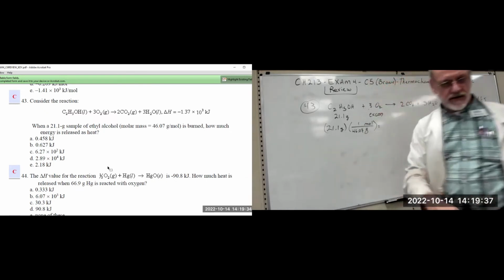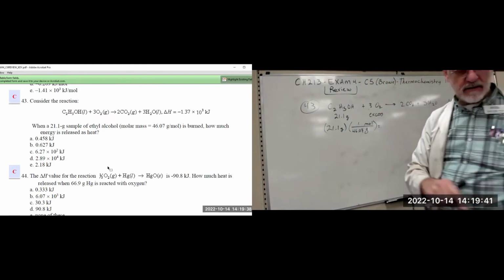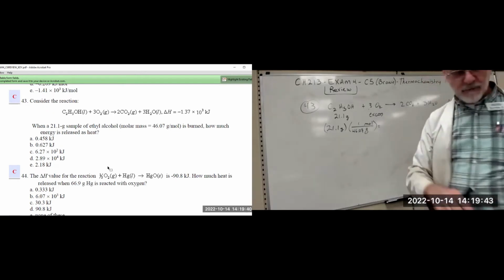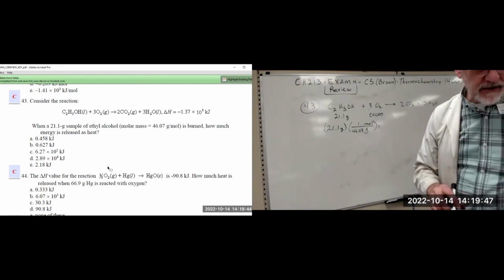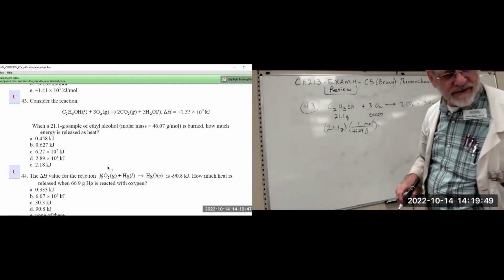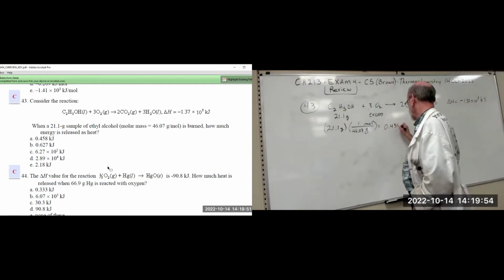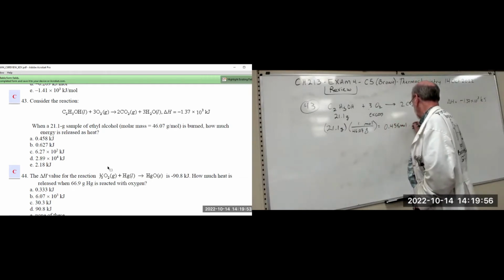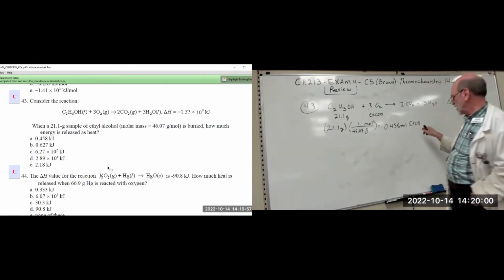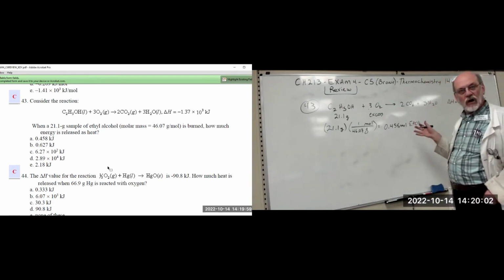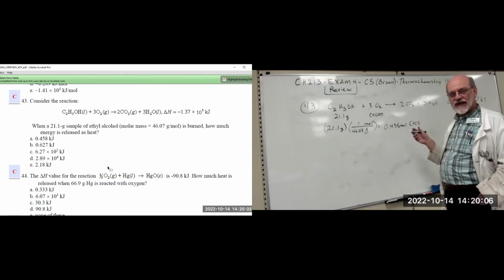Okay, so let's take our calculator, 21.1 divided by 46.07 is 0.458 moles of ethanol. That's my abbreviation for ethanol. OH always means alcohol in abbreviations, and ET is short for ethanol.